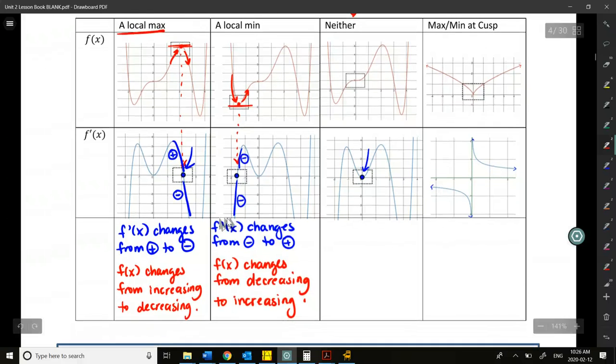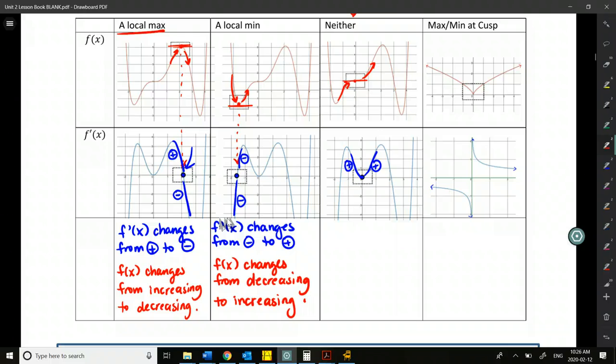Okay. And then this guy here, we actually do have a tangent slope that is equal to 0. But you're going to notice that our first derivative actually remains positive here. So it's positive, and then it actually stays positive here. So although we do have a 0 of our first derivative, we actually don't have a local max or a local min, because you'll notice that the original function is increasing and then continues increasing here.